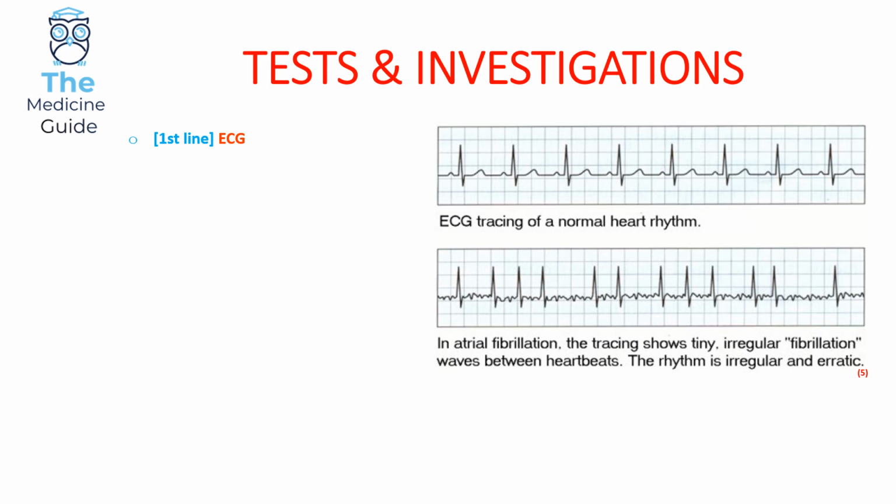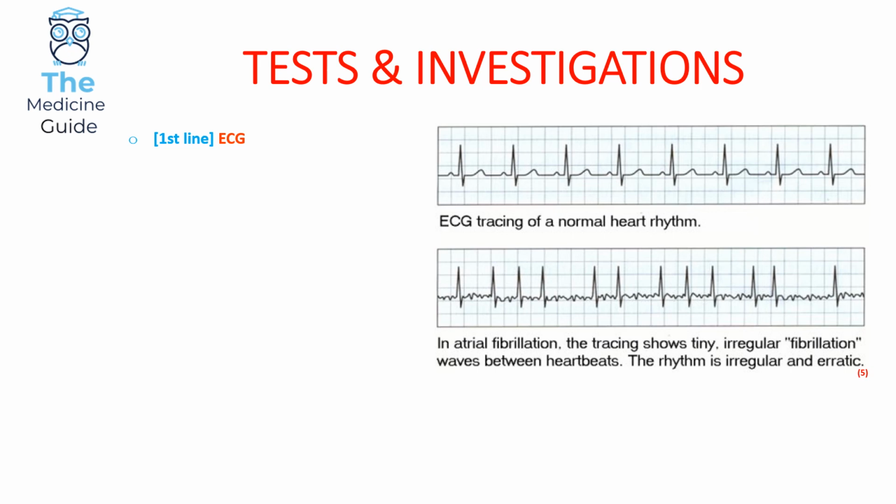So that's why it's known as an irregular rhythm, and it's known as irregularly irregular because, as I mentioned before, the RR interval will vary with each complex.